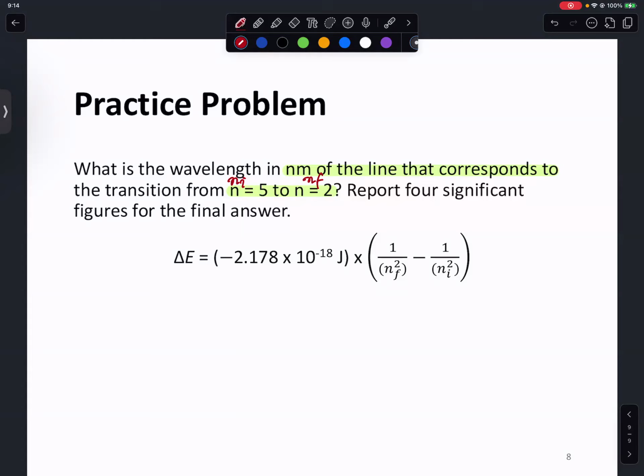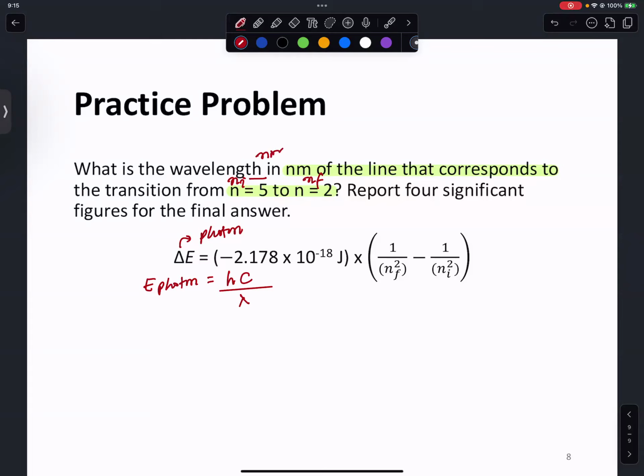First I'm going to calculate the energy of the photon, and then from the energy of the photon, I'm going to use E photon equals Planck's constant times the speed of light, hc over lambda, which is the wavelength, to calculate the wavelength. And we're going to report the wavelength in nanometers.